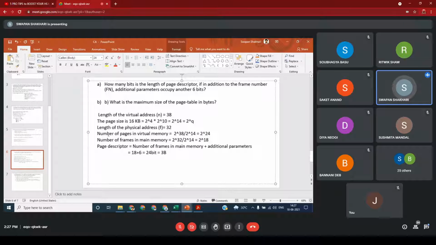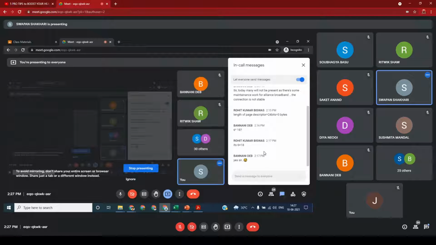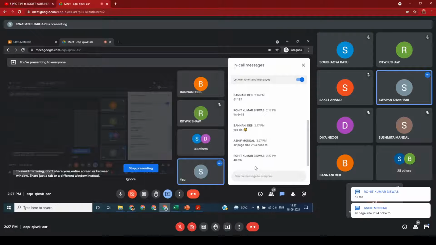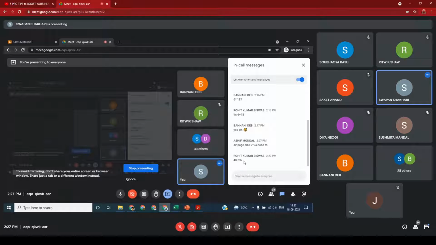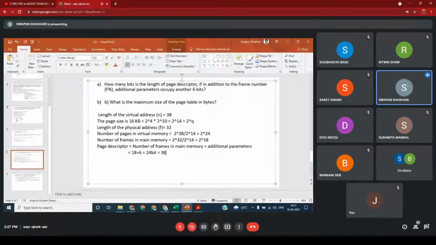Now the second question is, what is the maximum size of the page table? Have you calculated, Banani, Rohit? Yes, sir. Yes. So this is 3 byte, 24 bit.